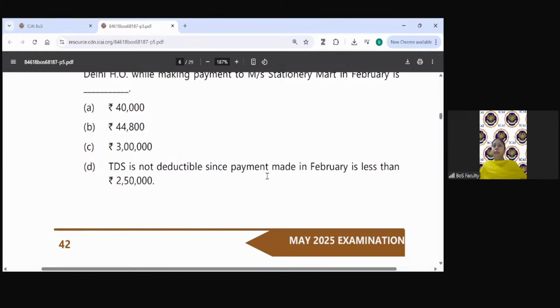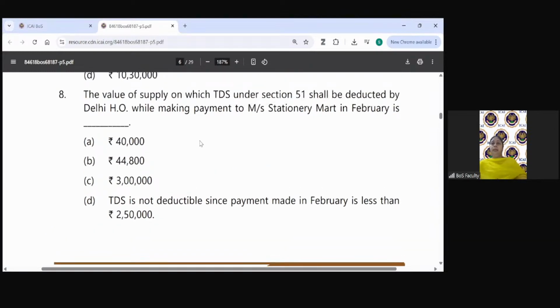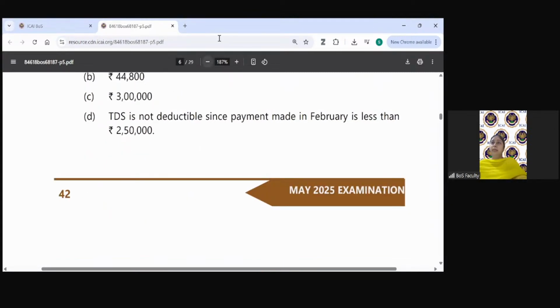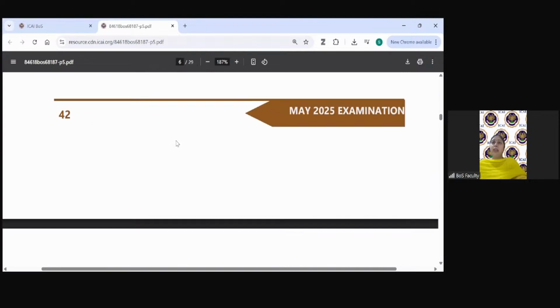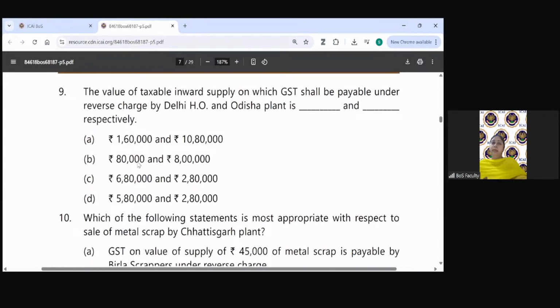One thing I would like to add here is that while looking at the case scenario, it seems difficult and has the implication of a lot of substantive provisions. But if you have conceptual clarity, then we can find it to be an easy one also. For that, your concept should definitely be very clear, like the threshold limit applicable for the provisions of TDS. One thing is that the threshold limit applicable for TDS is 2,50,000, and it is excluding taxes.